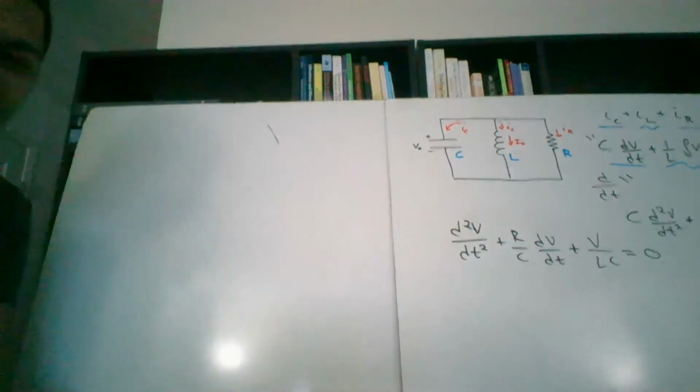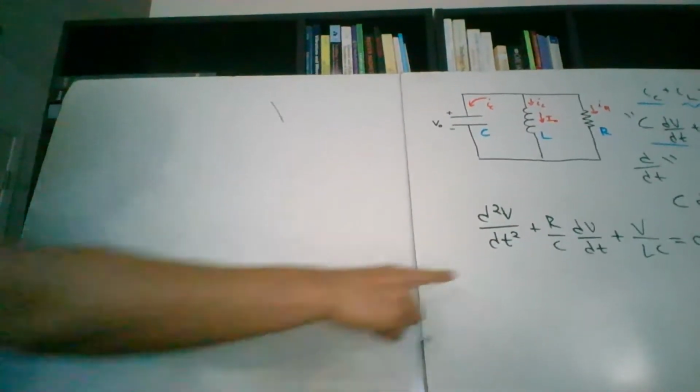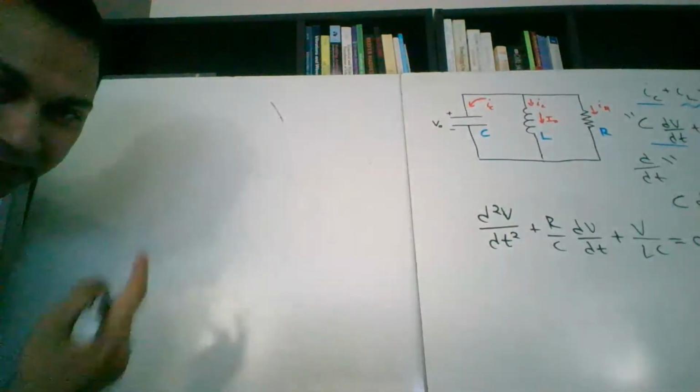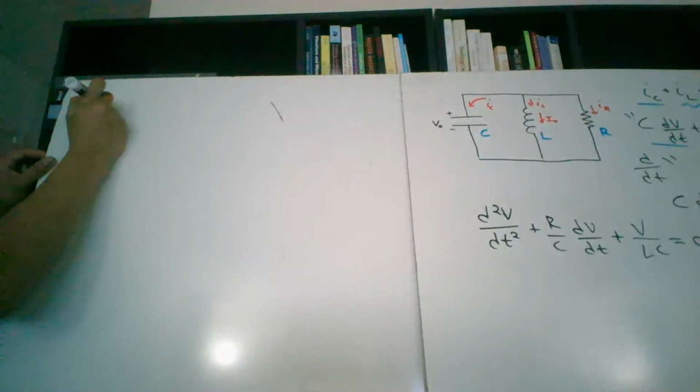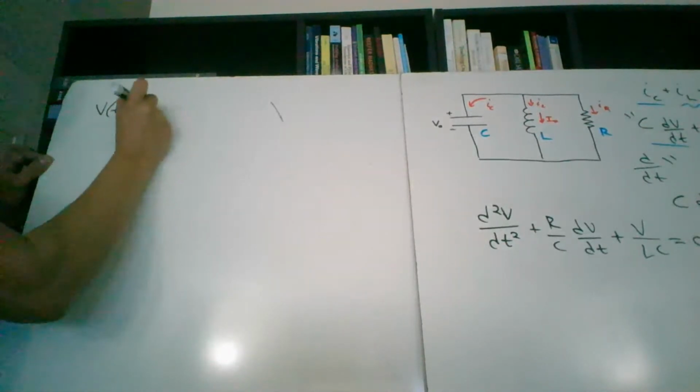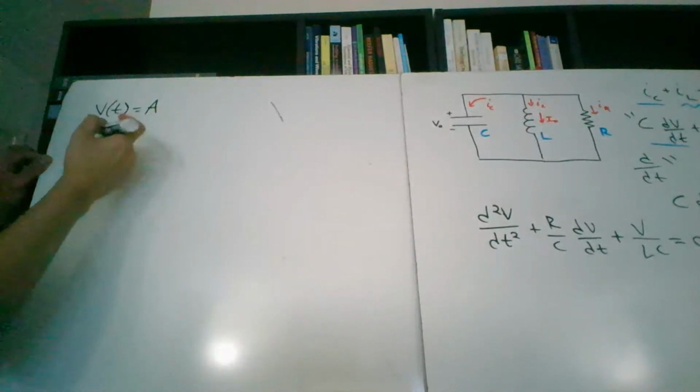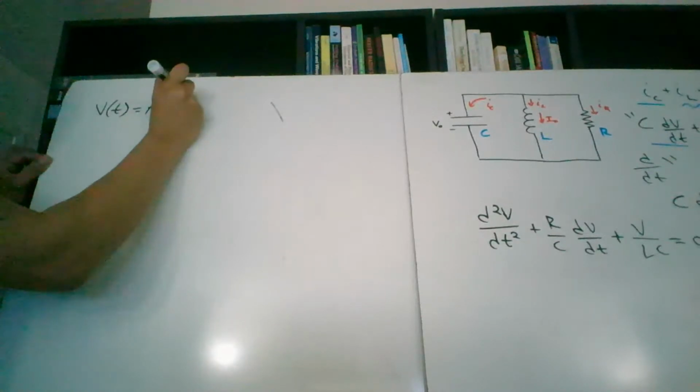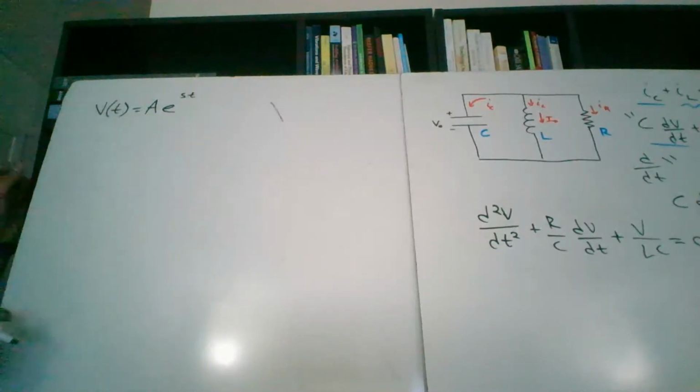So the guess that we're going to make, the solution to this differential equation, is this. We're going to say that the voltage as a function of time is going to be given by this equation right here: A, which is a constant, e to the power st. Okay?